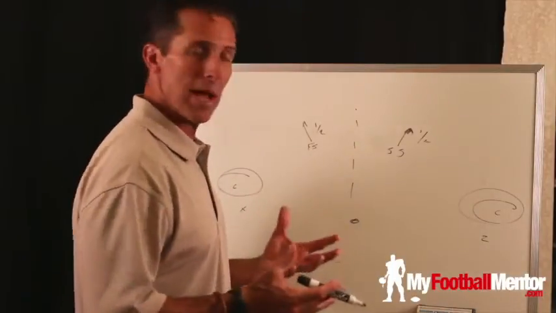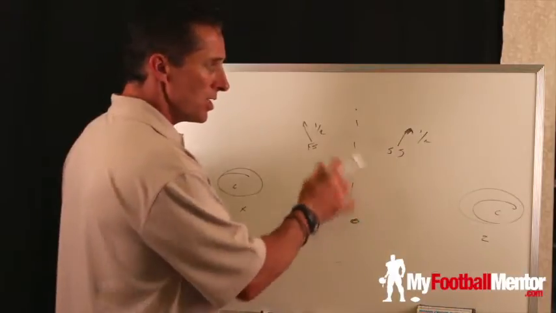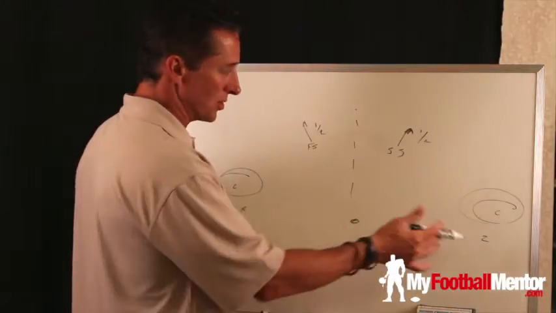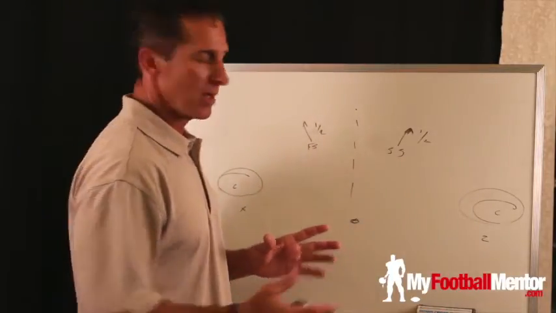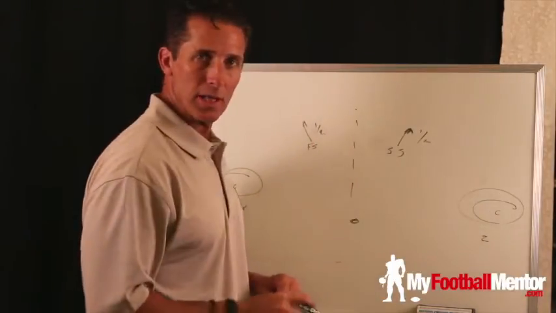Receivers and quarterbacks really need to be able to identify coverages the same way. You identify the number of safeties that you have first thing. So the receiver and quarterback look out and see that we've got two safeties, two high safeties. Then the next thing you look at is the alignment of the corner.